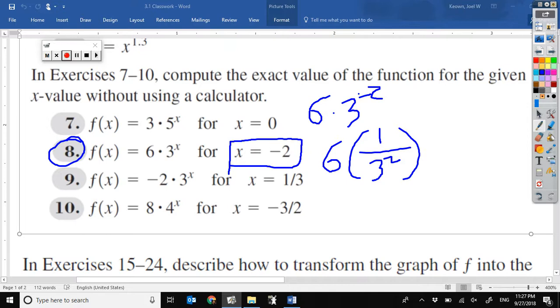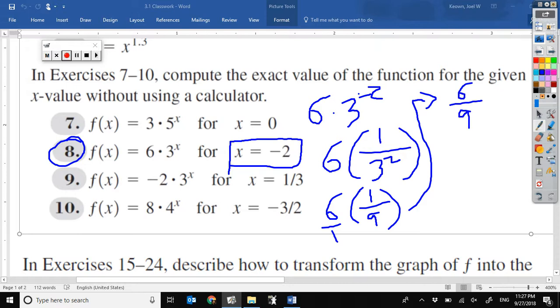And then that 3 squared is 9, so this becomes 6 times 1 over 9. Well, I know 6 is the same thing as 6 over 1, so if I multiply those together, I get 6 over 9, and if I divide both by 3, I get 2/3. That's my final answer.